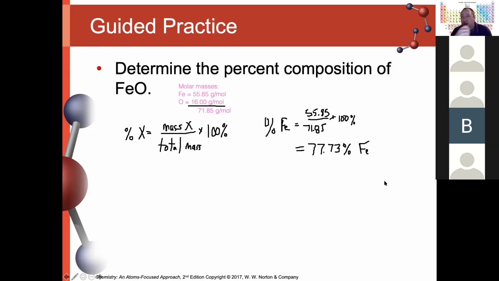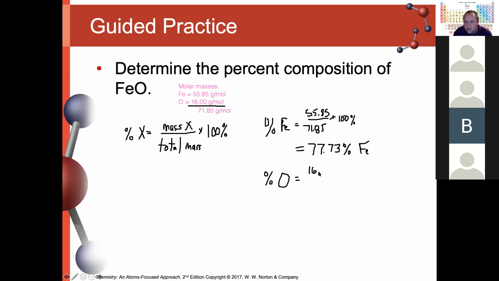So in this case, even though the atomic split is 50-50, the mass split is 77.73% iron. So the mass of the iron does make a considerable difference in terms of how we would view the percent by mass composition. Now, ordinarily when we're asked to do a percent composition for a compound, we need to factor in all components of the compound. So we need to do percent oxygen as well. We could calculate this the same way.